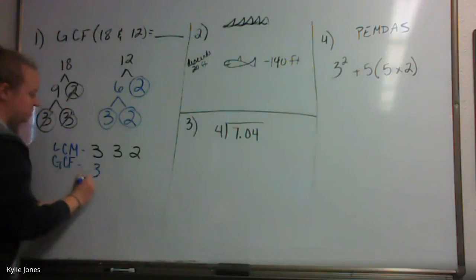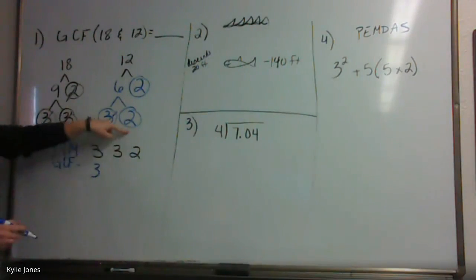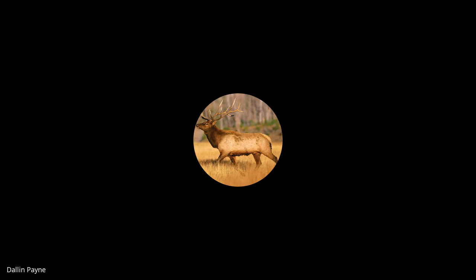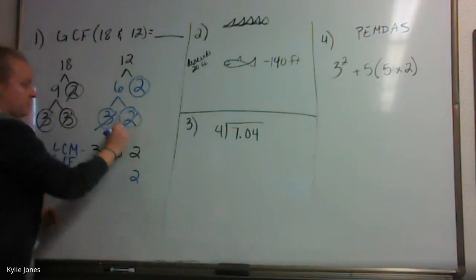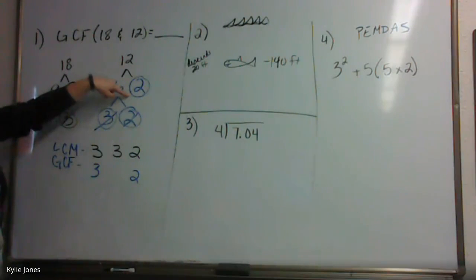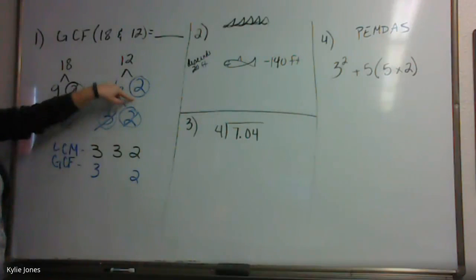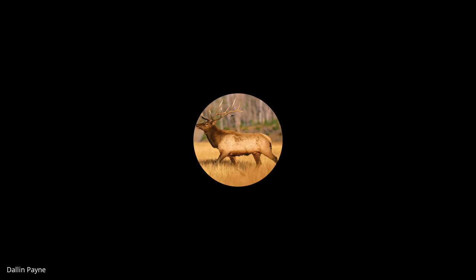We can match this one. What about a 2? Can I match a 2? Yes. What about another 2? Can I match one more? No. So where do I put this last 2? On the top.